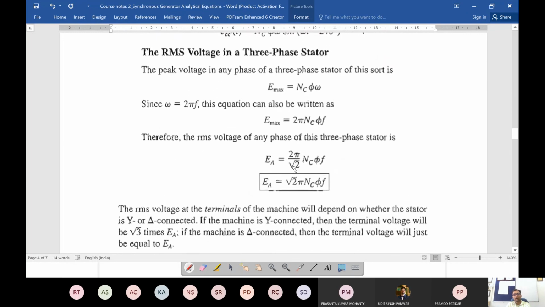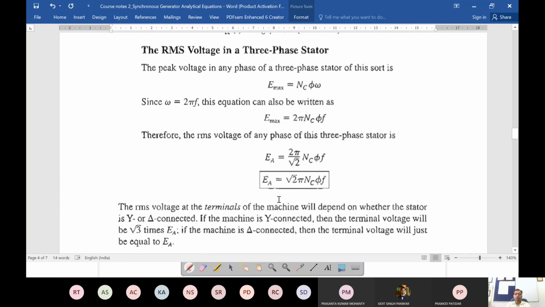Okay. So this is the final equation for the internally generated EMF. And one word of caution here is that this is the internal EMF which is generated in the stator winding. So you are not accessing this actually. This is not accessible because it is inside the machine. What you'll access outside, we'll come to that in the next class. Now the time is over. That will be different. Another thing about this is that this is the per phase quantity.